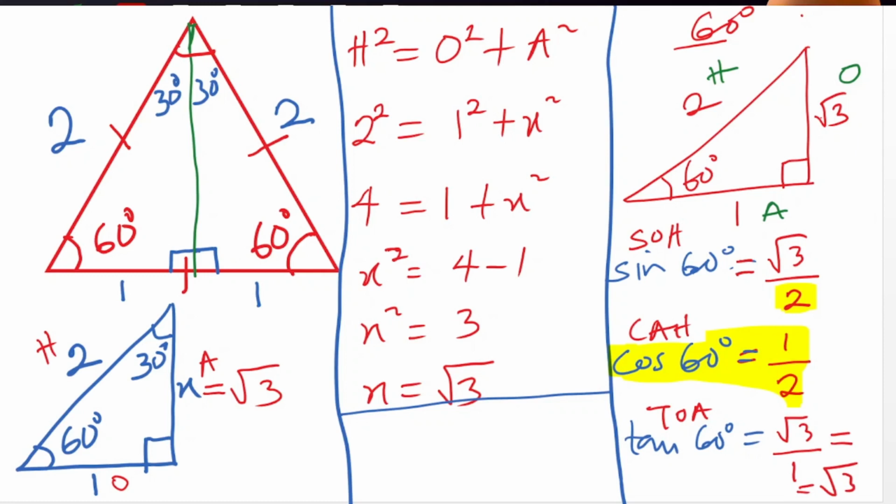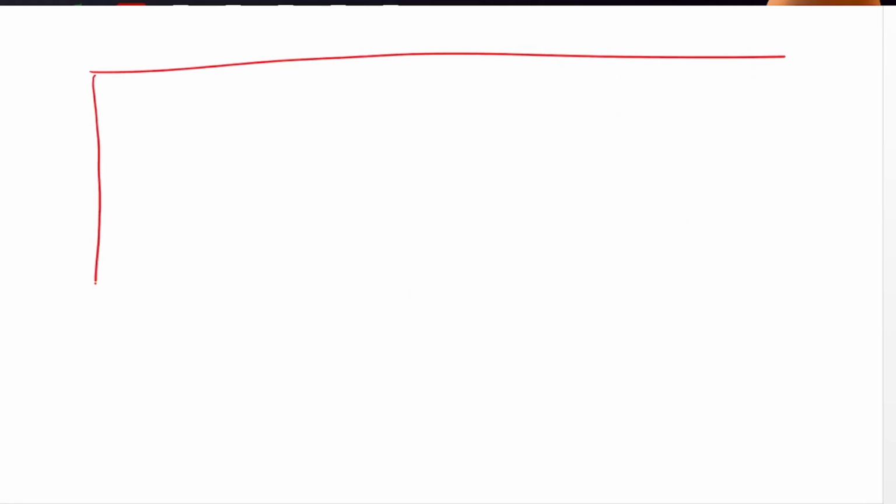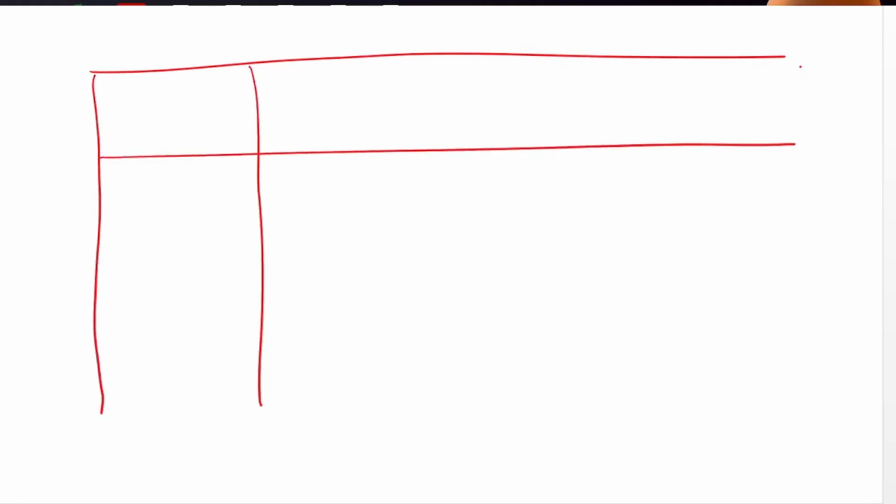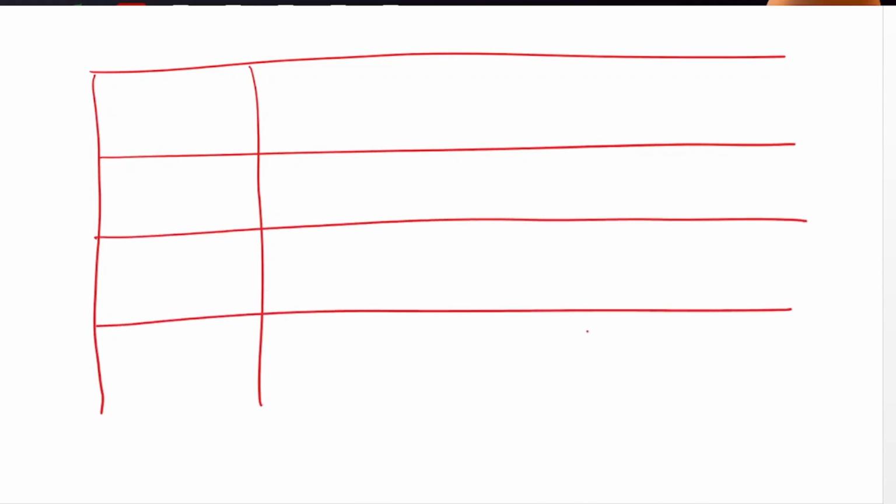Now what we're going to do is combine everything together in a table and see what we can come up with. So let's have a table here. Let's put sine here, cos here, and tan here.